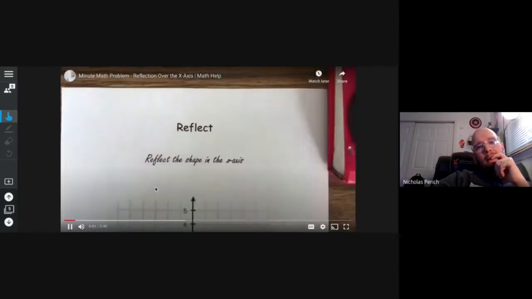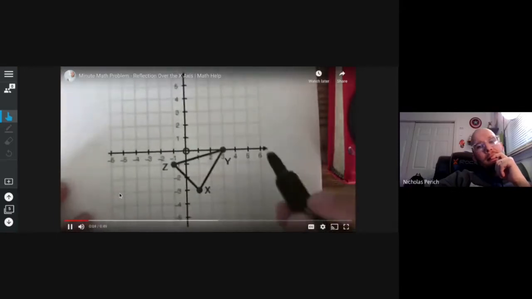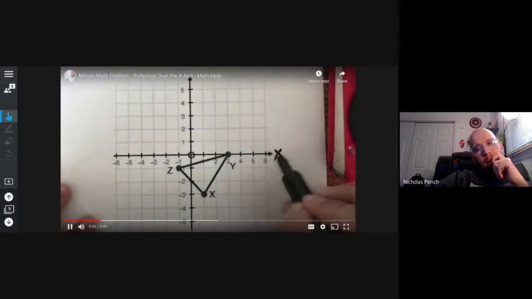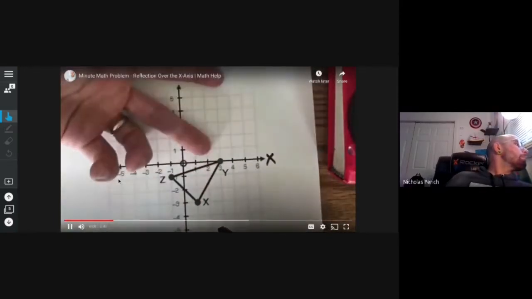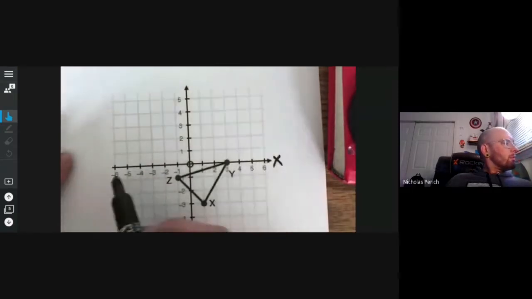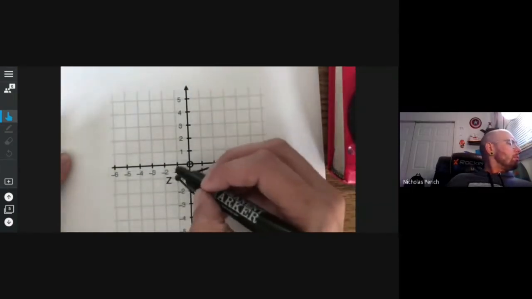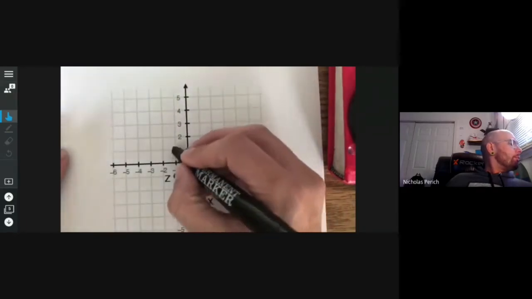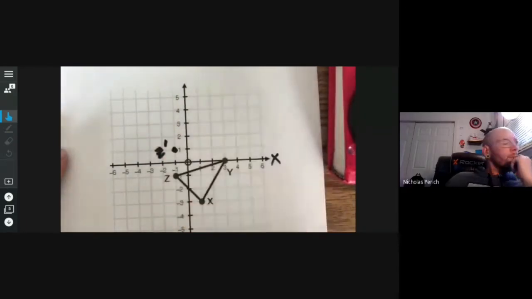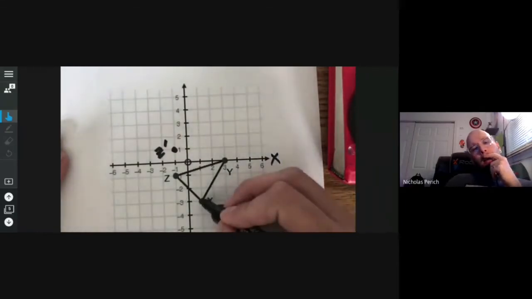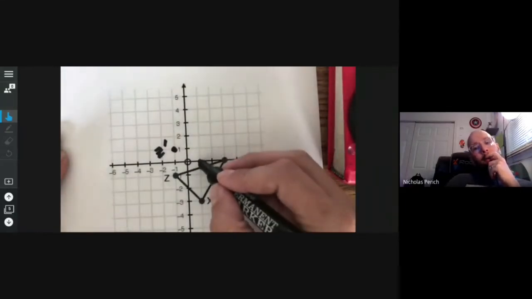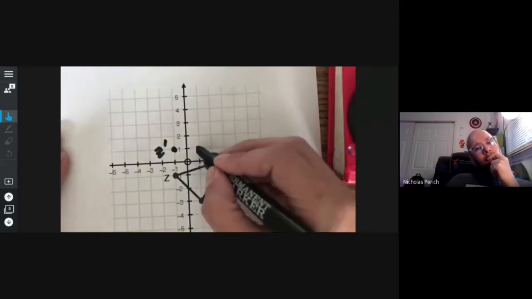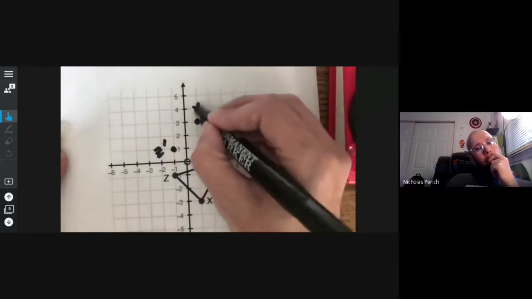All right, reflect this shape in the x-axis. The x-axis is this guy right here. So what this means is this shape is going to flip upward. You're treating this line as the mirror. Since Z is 1 unit away from the mirror, Z prime is also going to be 1 unit away from the mirror. X is 1, 2, 3 units away from the mirror, so X prime is 1, 2, 3 units away from the mirror.